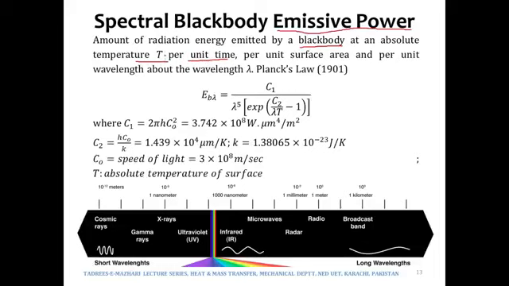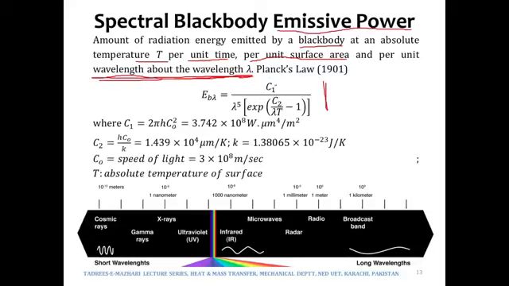Per unit surface area means watt per square meter, and per unit wavelength about that particular wavelength λ. And this is the expression.